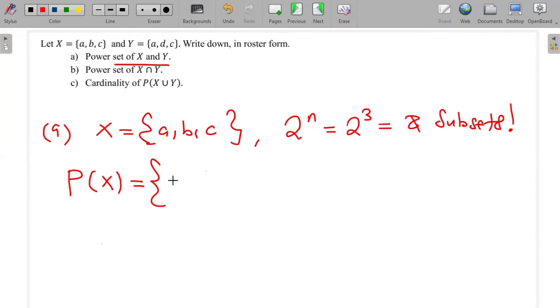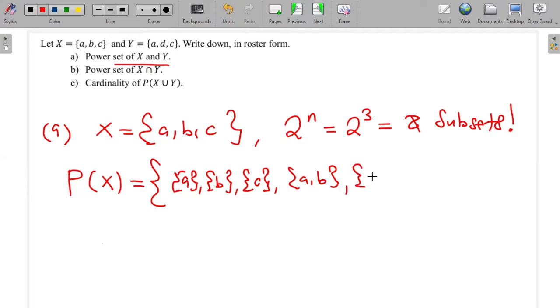A by itself, B by itself, C by itself, then AB, I pair the A with the B, and I also pair the A with the C, and then I pair the B with the C. We said a non-empty set will always have at least 2 subsets, so the other 2 are the empty set and the set itself.